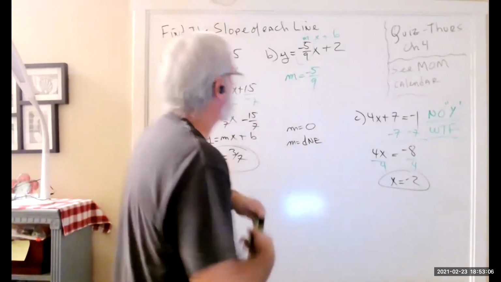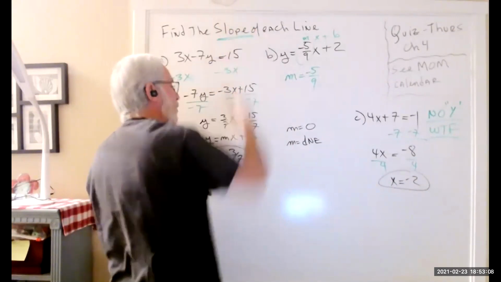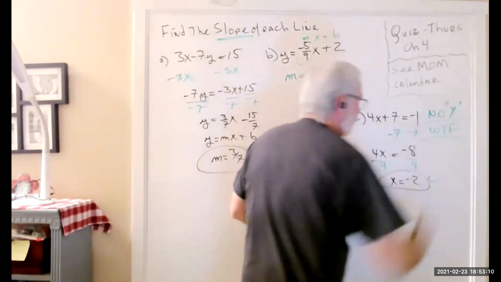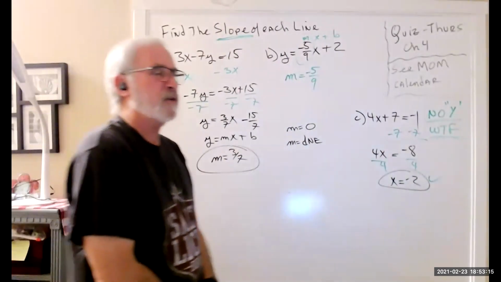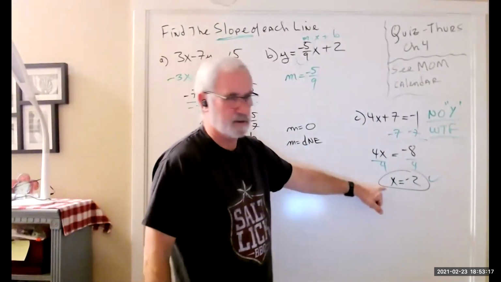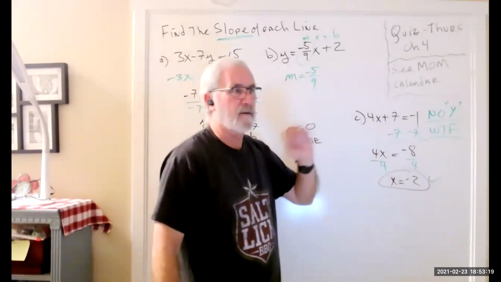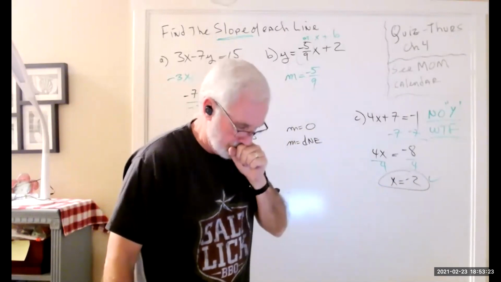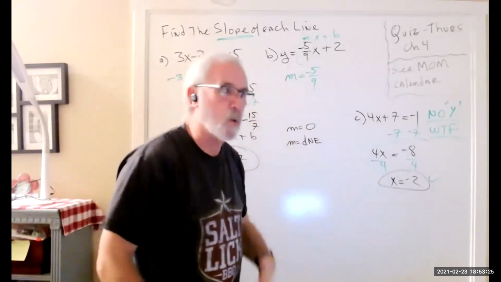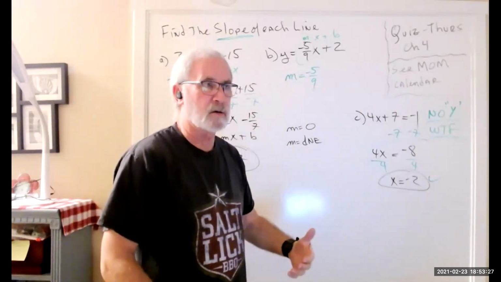The question said, find the slope. And people say x equals negative 2. What is that? That's a line. It's a vertical line. That's the equation of the line.